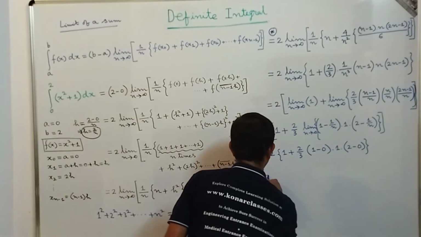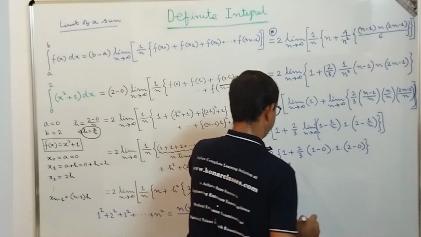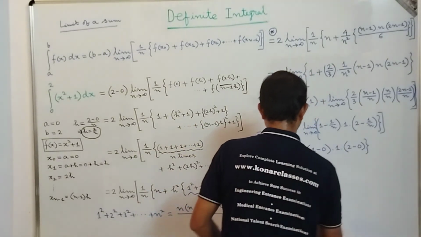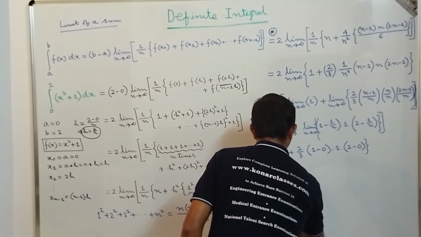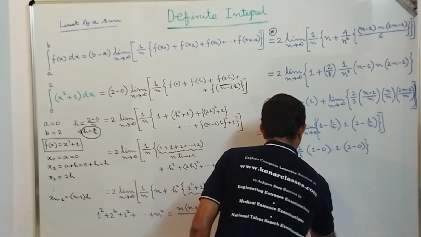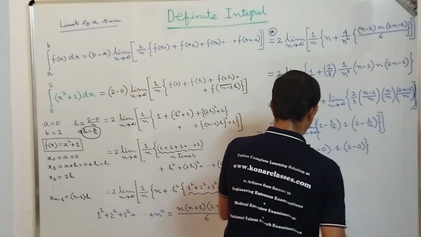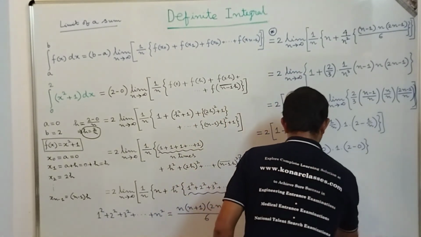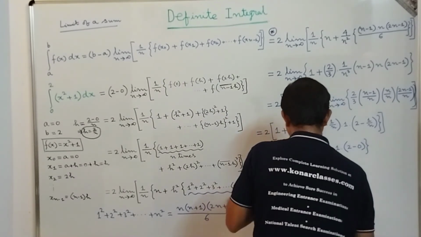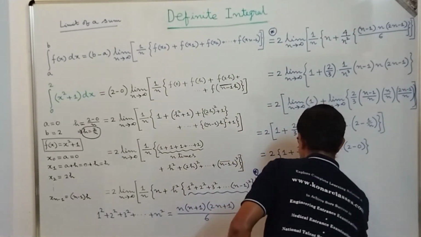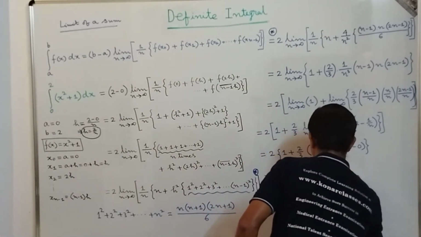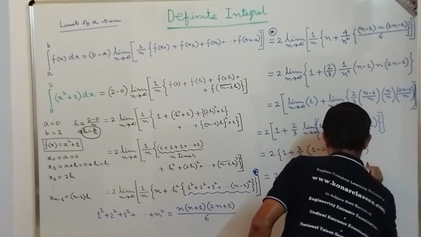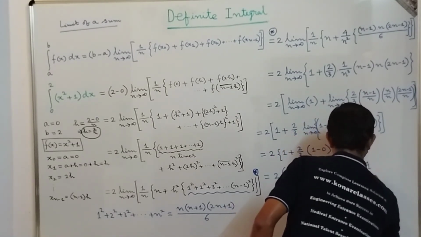So that is equal to 2 into 1 plus 2 by 3 into 1 minus 0 is 1, 1 into 1 is 1, 1 into 2 is 2. So that is equal to 2 into 1 plus 4 by 3.